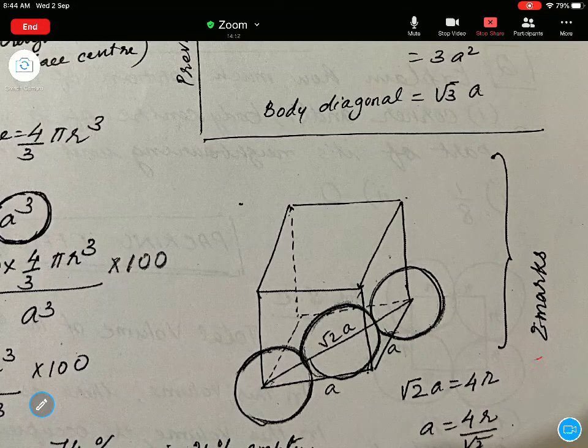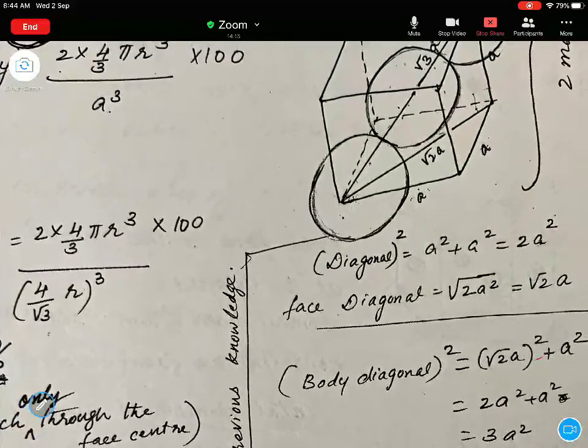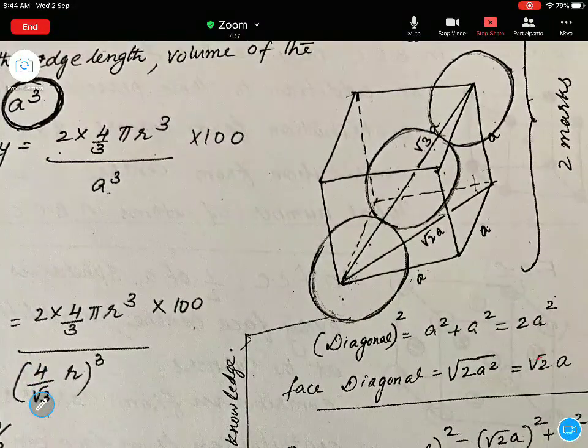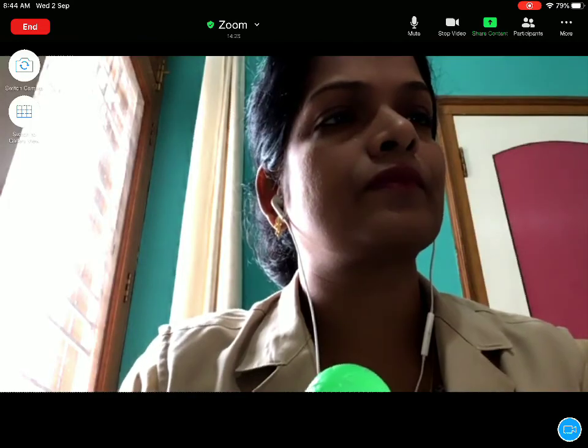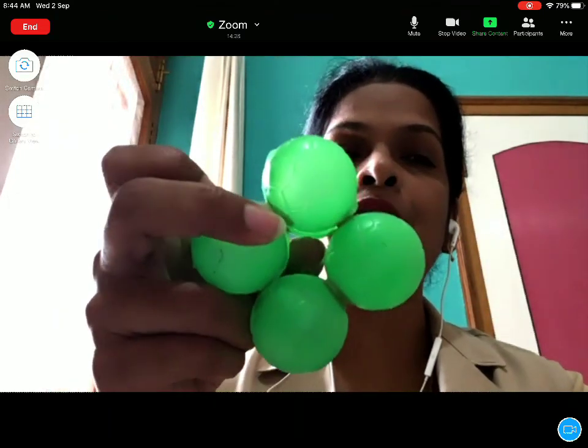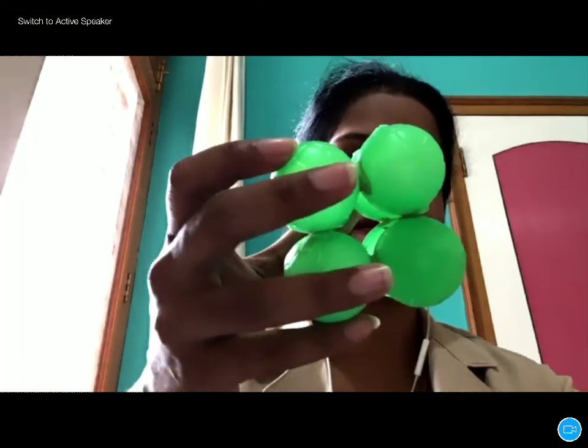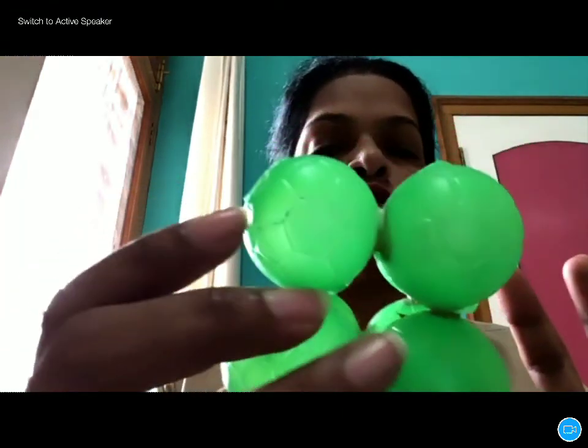Now we are moving to the packing efficiency. In the case of simple cube, packing efficiency means how much portion of this cube that you have imagined is occupied by spheres, atoms, molecules, ions. Here I am talking in terms of balls.